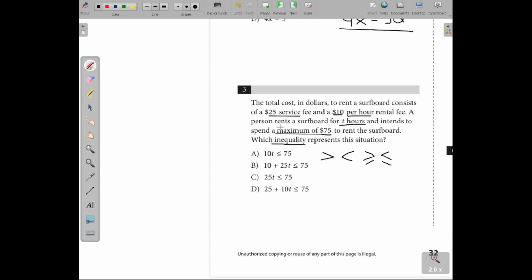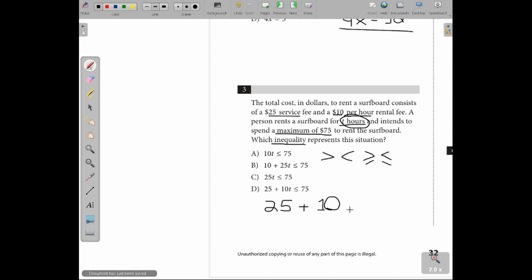So we have two costs. One is 25 service fee plus, so this fee plus this another fee has to be less or equal than 75. The other fee is $10 per hour, and we don't know the hours.